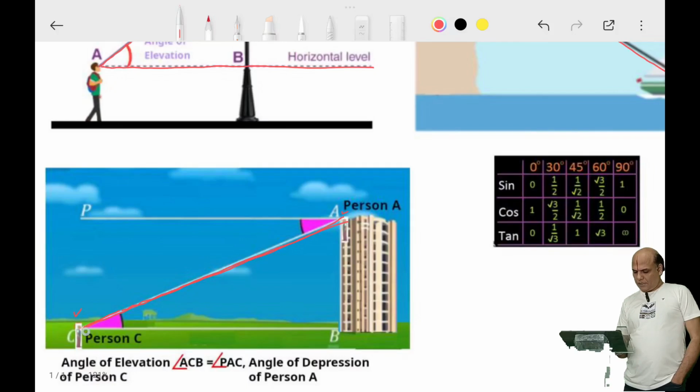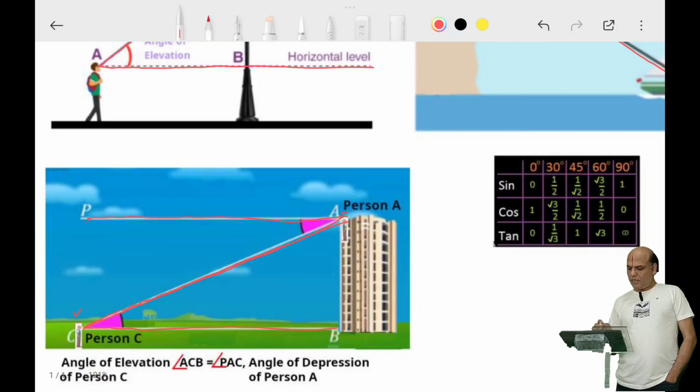And person C's eye level is the horizontal line for him and person A's eye level is the horizontal line for him. Now you see the angle of elevation for person C is angle ACB.